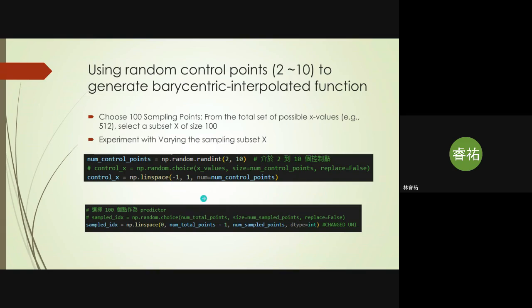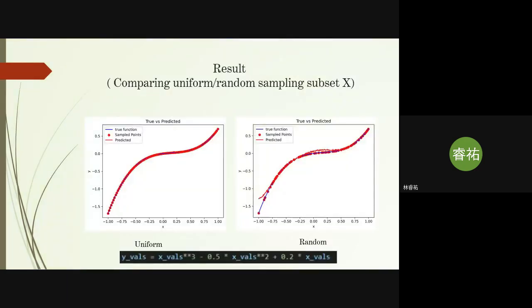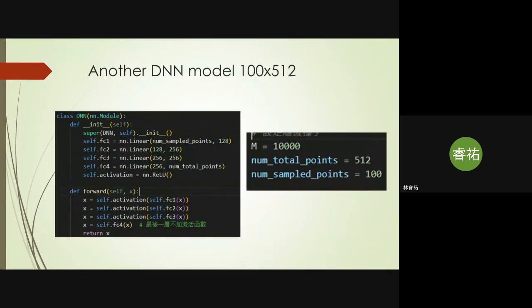In my job, I only do a comparison between uniform and random sampling subset X, so I will only talk about the high-level outcome. My job uses these hyperparameters: 100 to 128 and 128 to 256, using 4 layers and the ReLU activation function.